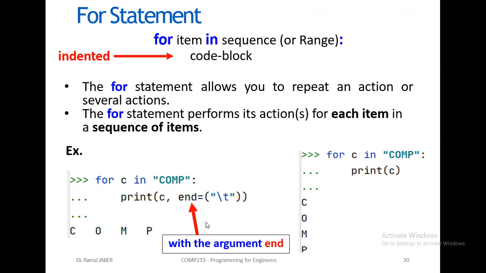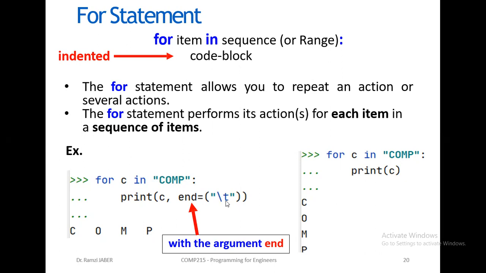Python has a new command in print: inside the print we can put the argument end, after the output, with a comma. So print C, comma, then your other command end equals, between quotes, write whatever you want.